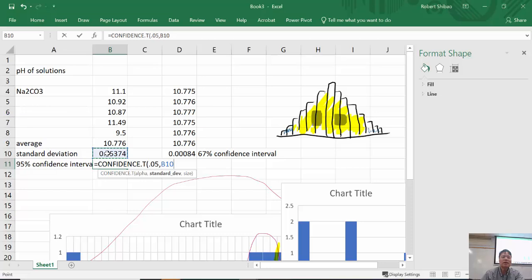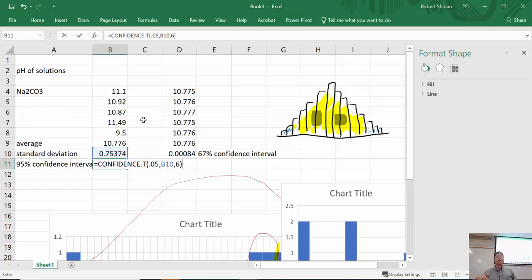And then I'll put in the sample size. So I need to count how much data I have. 1, 2, 3, 4, 5, 6. 6 data points. So I'll type in 6 here for the size of my sample. Now, due to the mathematics of this, the wider the standard deviation, the wider the confidence interval, the less confidence you can have in it.